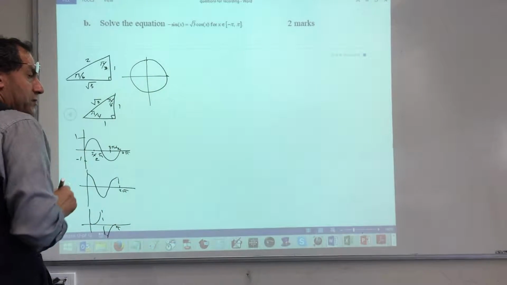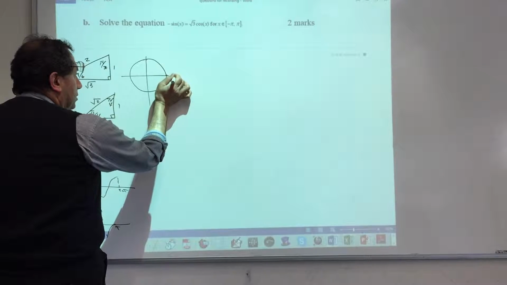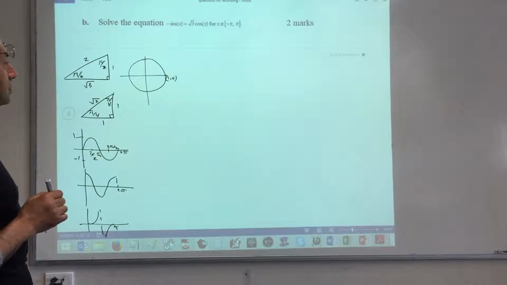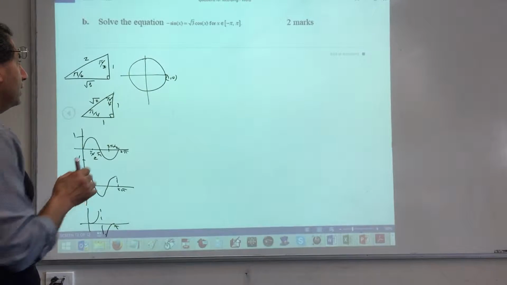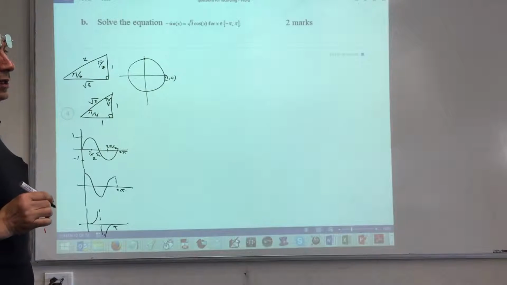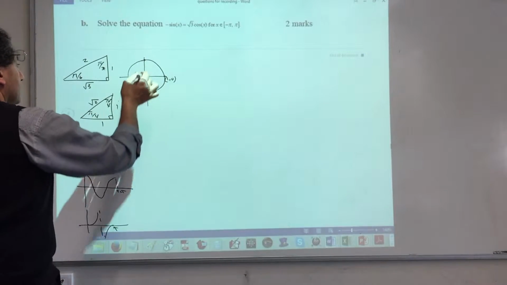Coordinates of the points in a circle with radius 1. Coordinates are 1 and 0. So the x coordinate represents cos and the y coordinate represents sine. In order to find tan, y on x, or sine over cos.